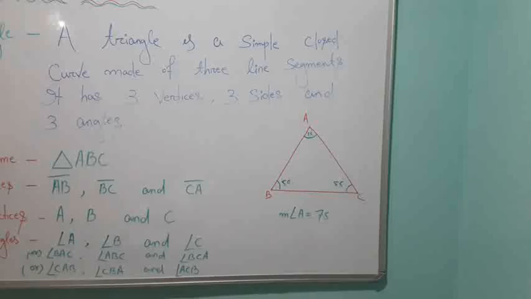Here A is of 75 degree, so here we write that measurement of angle A is equal to 75 degree, and measurement of angle B is 50 degree and measurement of angle C is equal to 55 degree. So when you write the measurement of any angle, you have to write M before the angle sign. Remember it. M means measurement. Measurement of angle A, measurement of angle B, measurement of angle C.